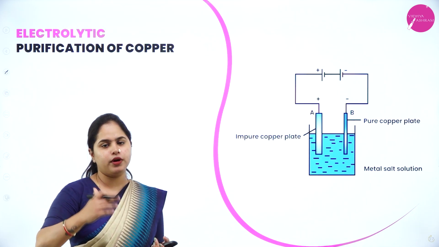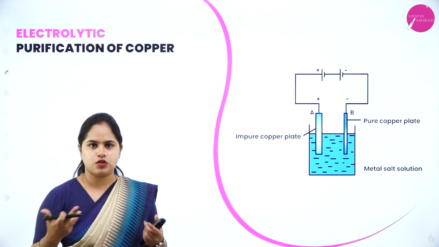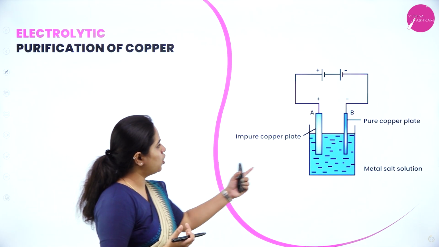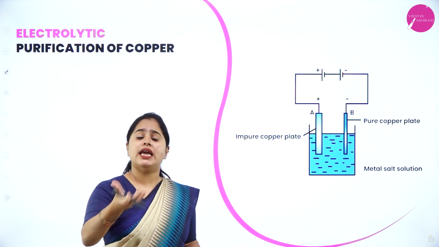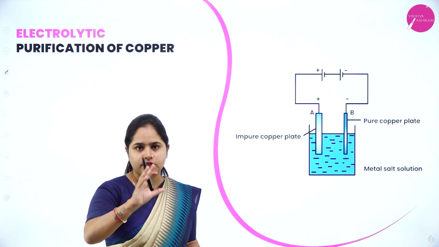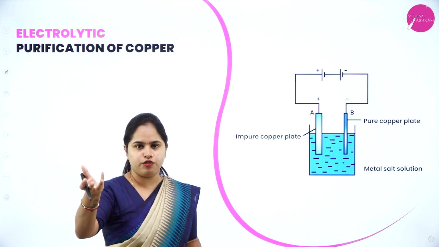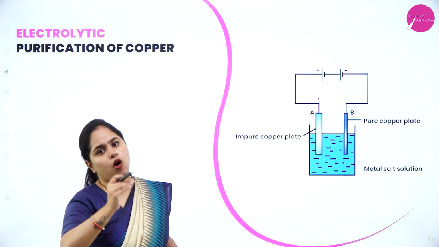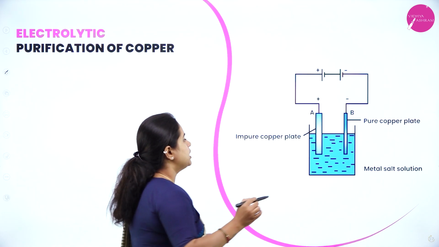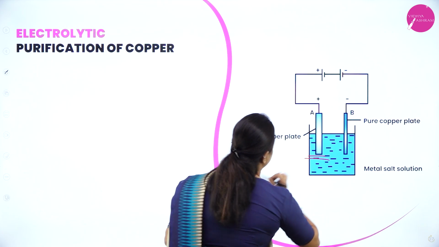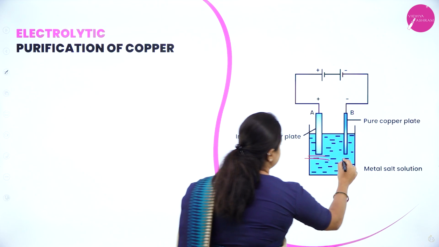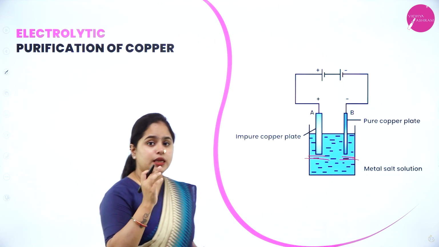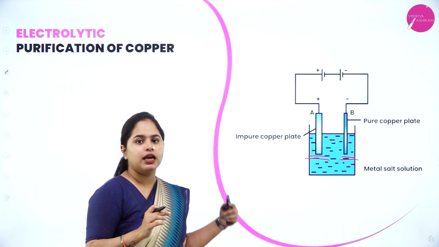From impure copper we are going to make pure copper. The impure copper, or any impure metal which we have to purify, must always be taken as the anode. The impure copper is taken as the anode, and the pure copper is taken as the cathode.